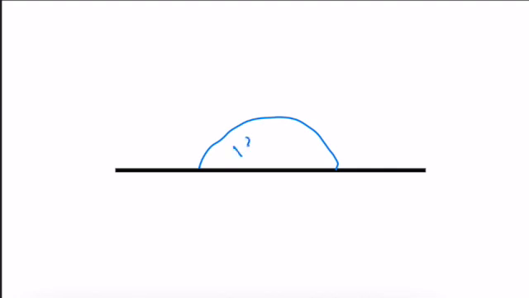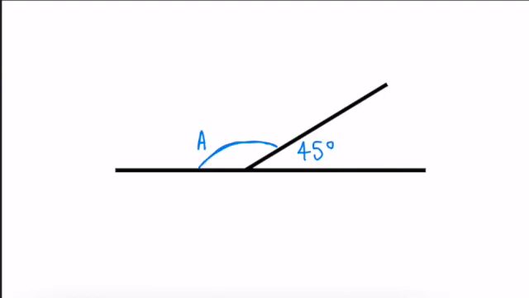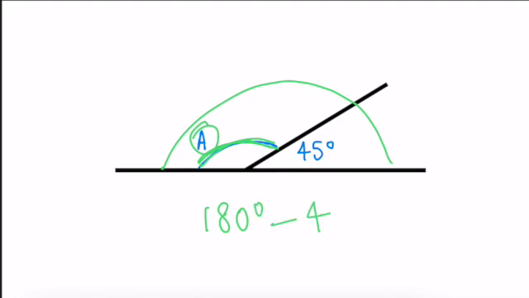Here we have a straight line. This, from there to there, that is 180 degrees. And if you remember yesterday, we were finding missing angles. So if we know that the whole angle is 180, in order to find this missing angle from here to here, we would do 180 degrees minus 45 degrees.